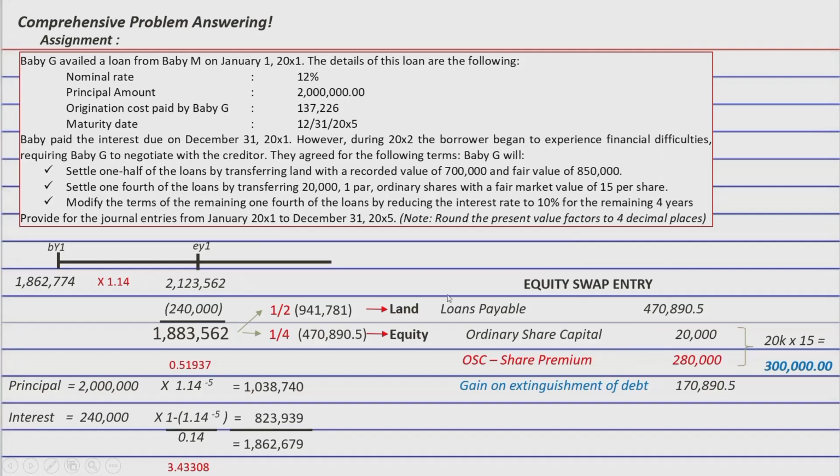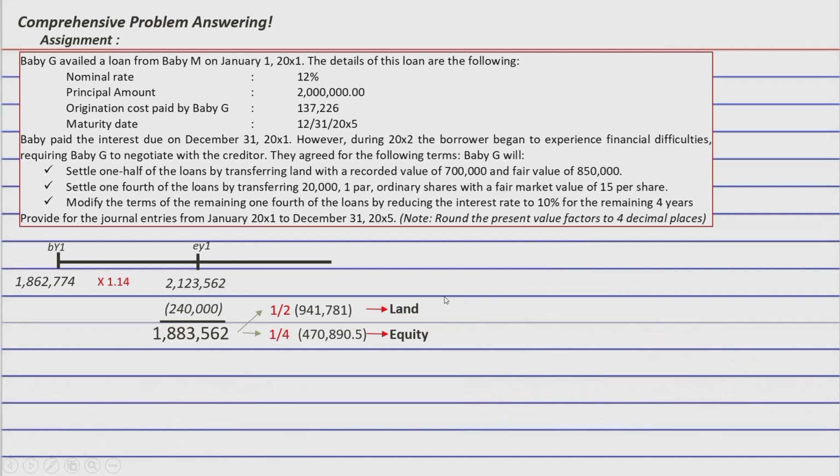Now, from this liability balance, we need to deduct this one and this one, because Baby G paid in land and also in shares. If we deduct these two, we will still have a balance of 470,890.5.